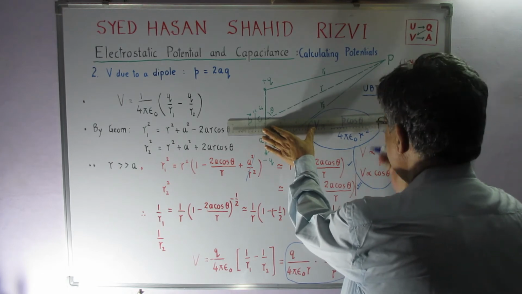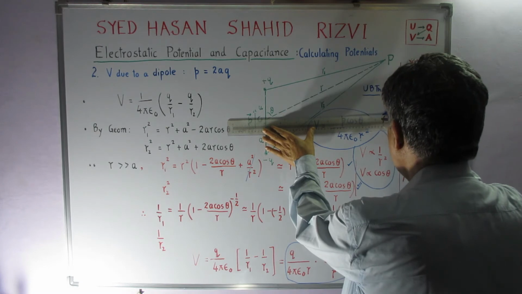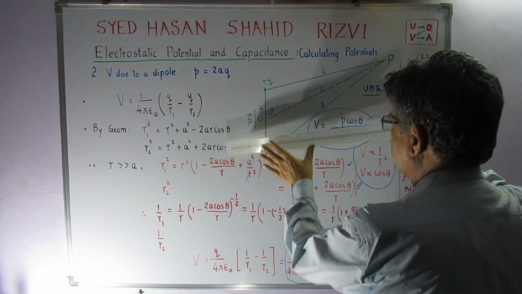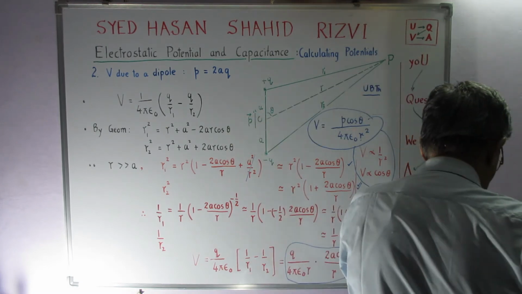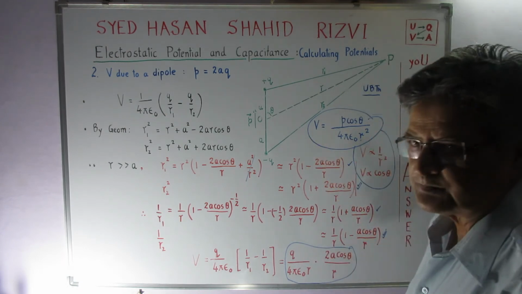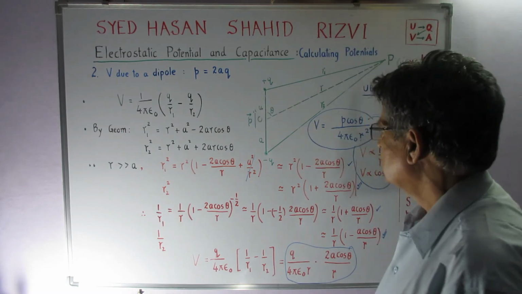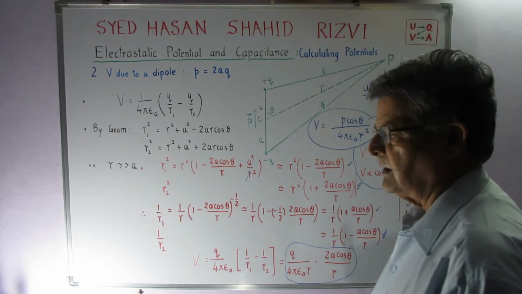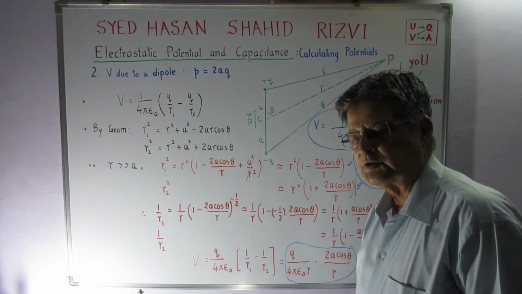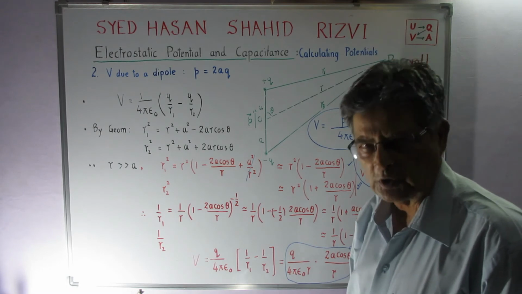What will happen on this line, which is the equatorial axis, the equatorial plane which passes through this thing? And the answer will be that the value of V on this plane will be equal to 0, simply because cos of 90 degrees is equal to 0.